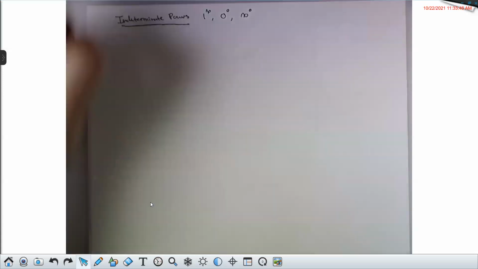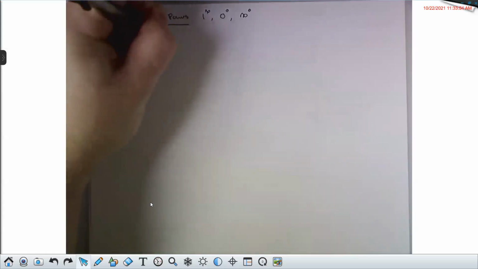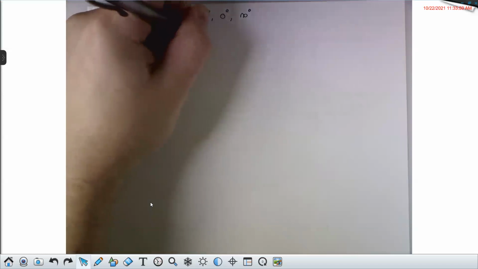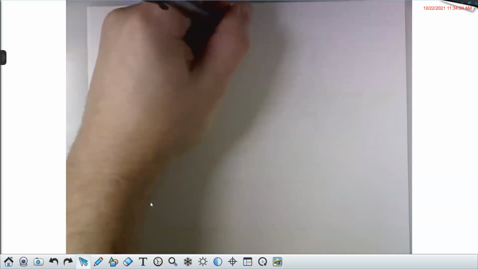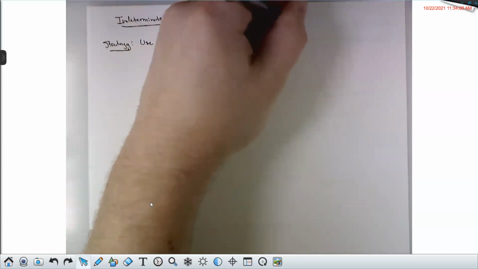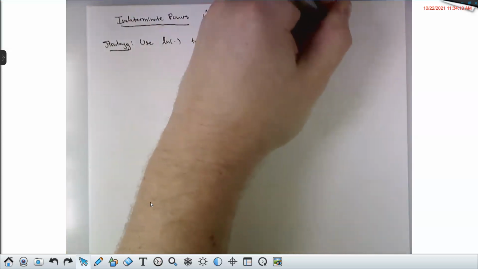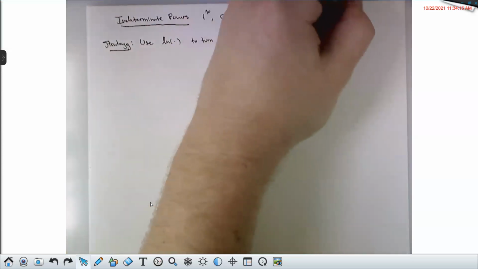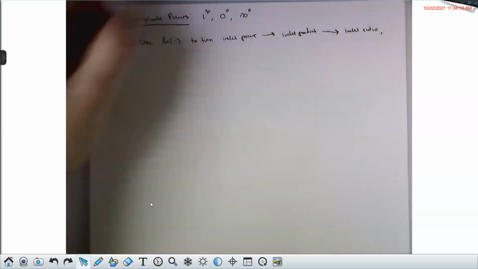So the strategy: use the natural log function to turn the indeterminate power into an indeterminate product, and then use algebra to turn it into an indeterminate ratio. Then use L'Hopital's rule.